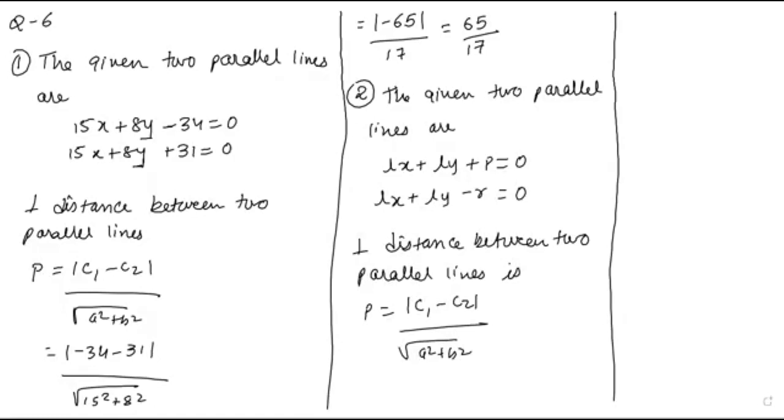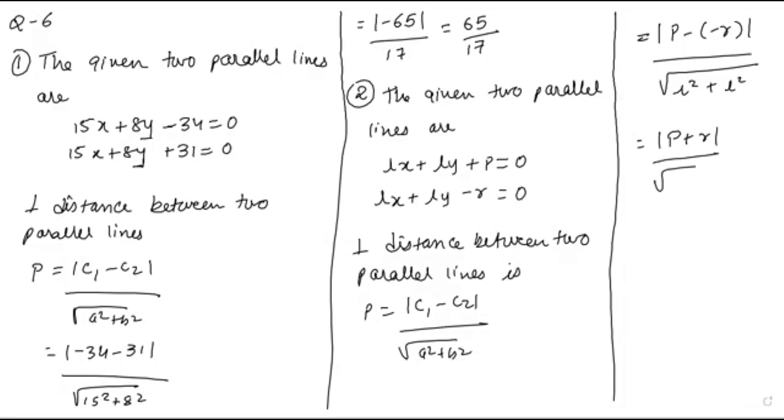So this will be mod c1 is p minus c2 is minus r upon square root of a square, that is l square plus b square is also l.